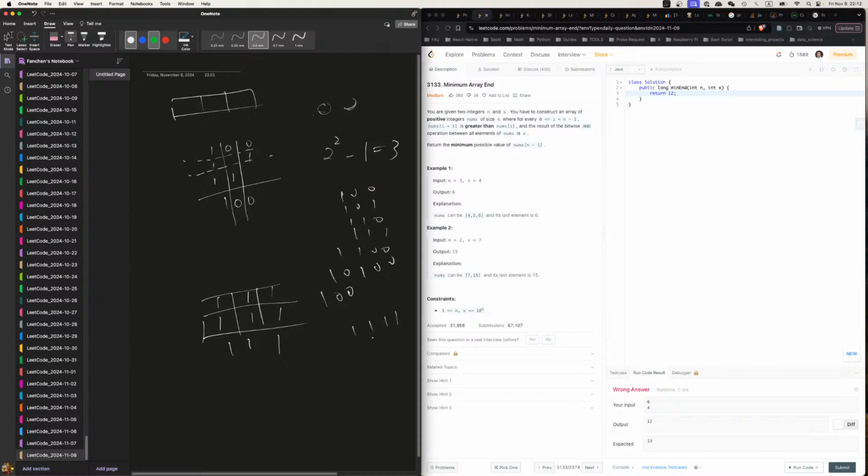Because this one has to be 1. So if we say we go back to 1, 0, 0, right? And then we need to extend, so we do this. So that's what? It's going to be 4 plus 4, 8, 9.